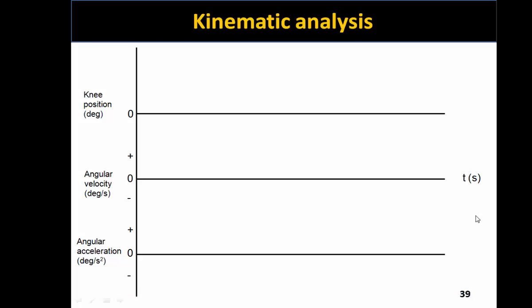In this lecture, we're going to continue our discussion of the kinematics involved with performing a single knee extension exercise. Although we're not going to fill in this graph on the slide, it is a very important reminder that when we conduct a kinematic analysis, we're focusing on three variables, all of which are a function of time.